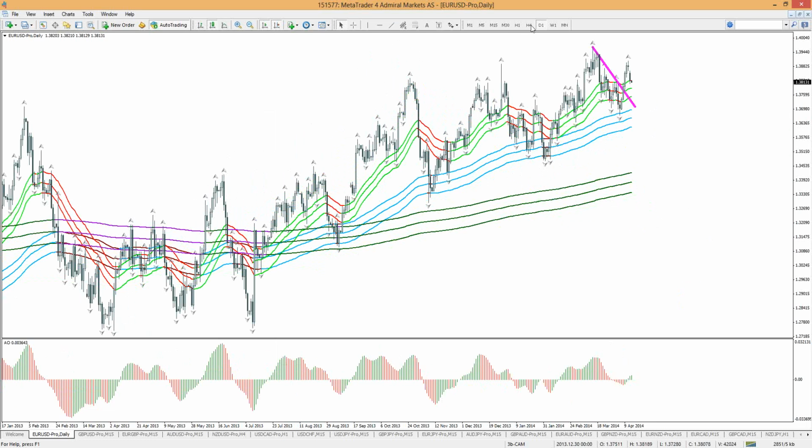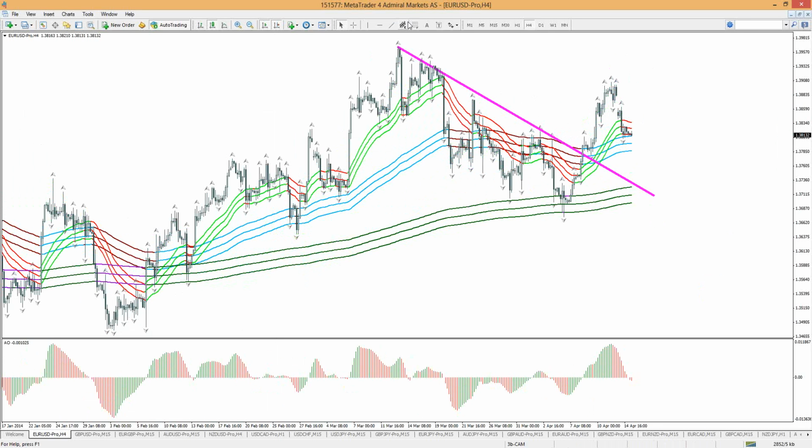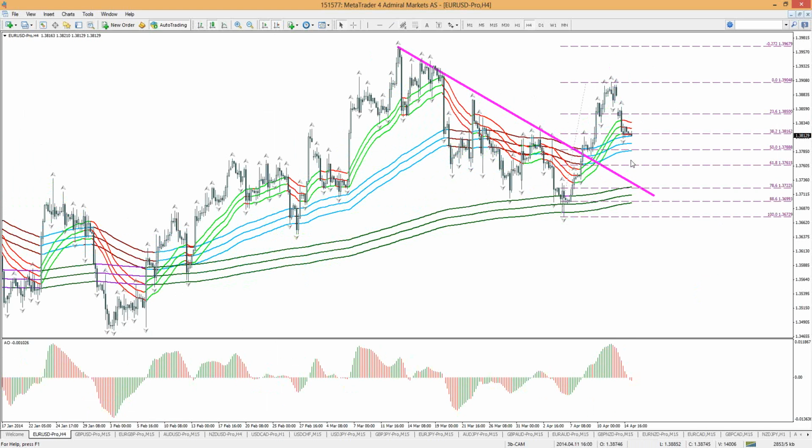All right, so where could we find the support at the moment? If we put a fib from swing high, swing low to swing high, we can see that price stopped at 23.6, stopped at the 38.2. It could easily fall probably to the 50 or 61.8, and then maybe find a bigger bounce. Even maybe 78.6, but for the moment, basically any of these fibs could be the bouncing spot for upside.